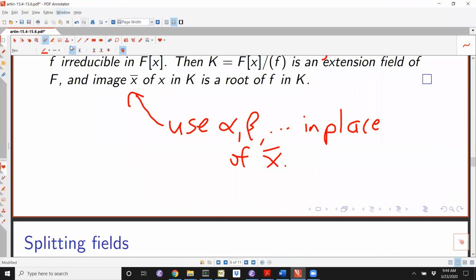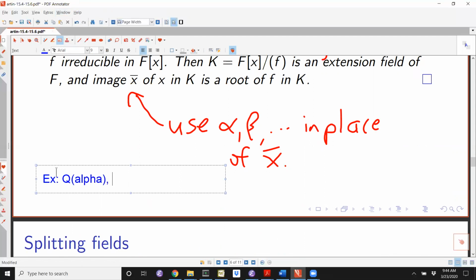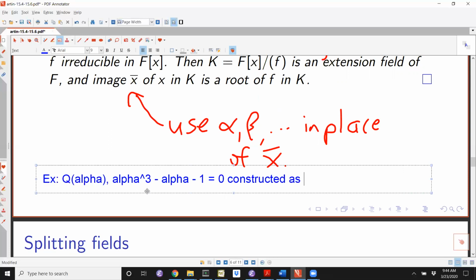So for example, to construct Q(alpha), Q adjoin alpha, where alpha cubed minus alpha squared minus 1 equals 0, it is constructed as Q[x] mod the irreducible polynomial x cubed minus x minus 1.